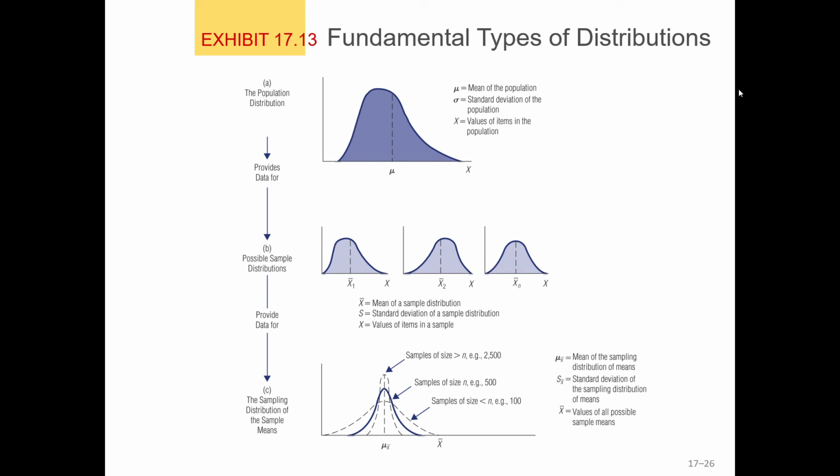We now have much of the information we need to understand the concept of statistical inference and to clarify why the sampling distribution has the characteristics that we just described. We will discuss two concepts, the standard error of the mean and the central limit theorem.